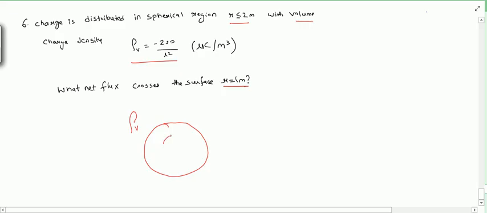We have to find the net flux crossing the surface r equals 1 meter. So I have to consider a Gaussian surface of r equals 1 meter, and then apply Gauss law. The flux passing through the closed surface will be equal to the charge enclosed by it.